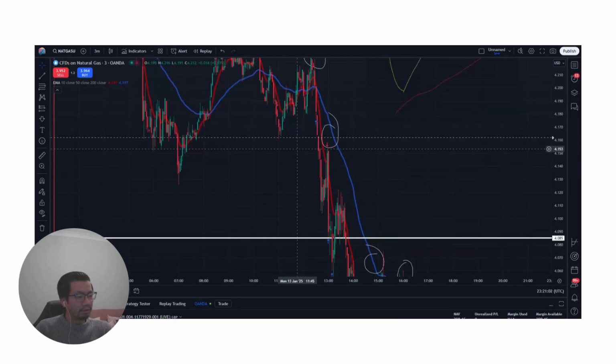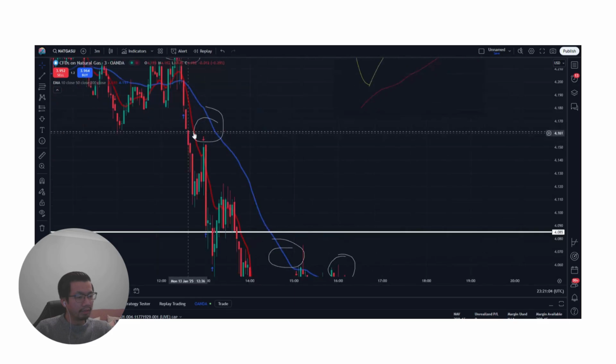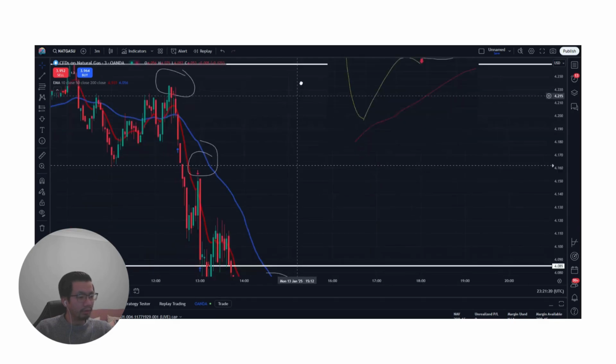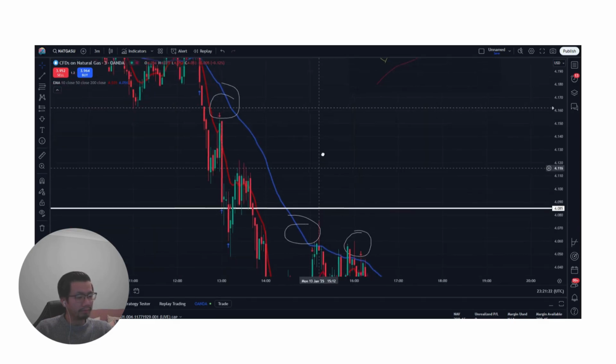And then my third trade was here. I shorted it and then took profit here because it went below the 10 EMA, and then this pressure is going to push the price lower. And that's what it does.